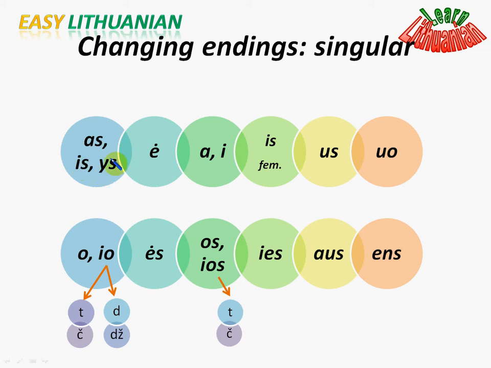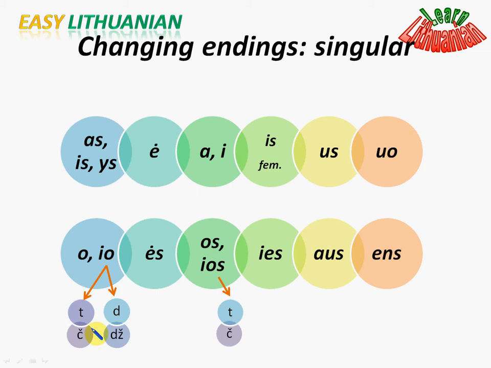So if there was such a consonant t or d before is or is, in this ending before they will be ch and j. We'll practice this sound alternation later on in the second or the third part.